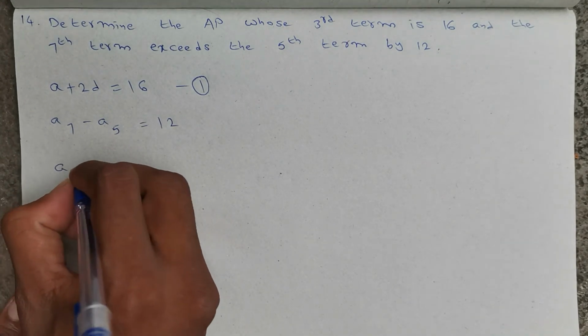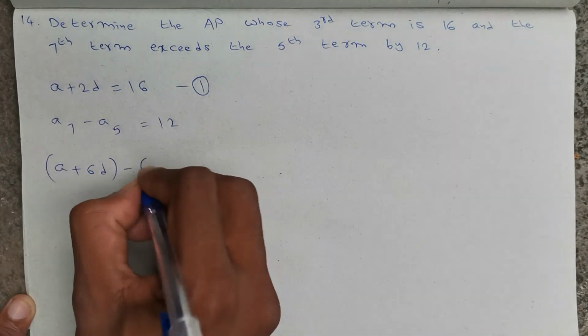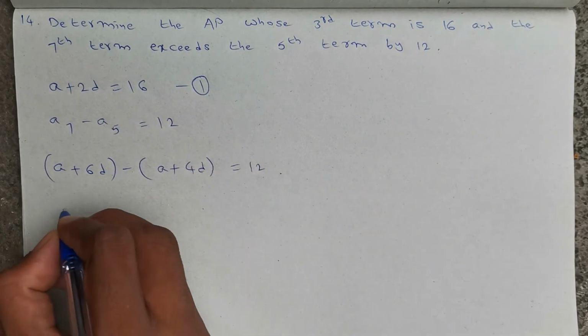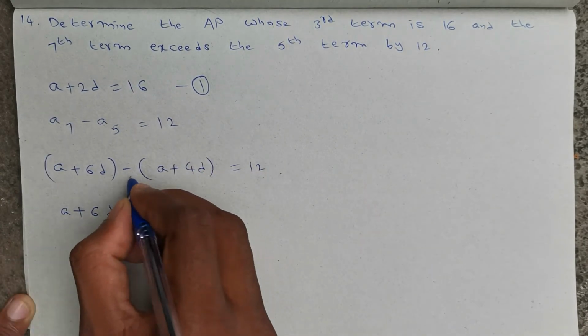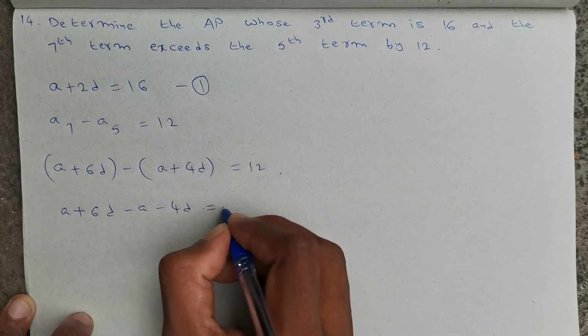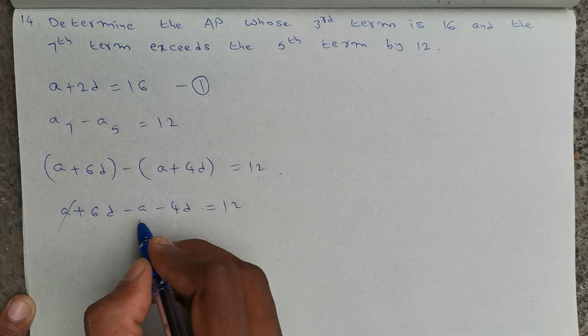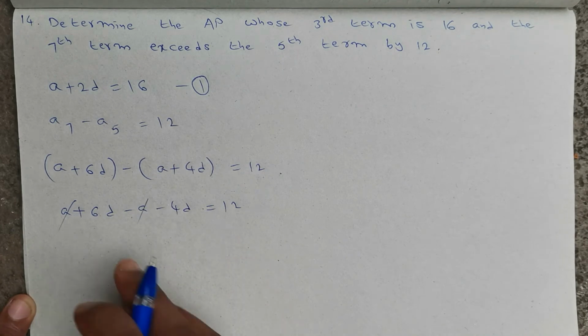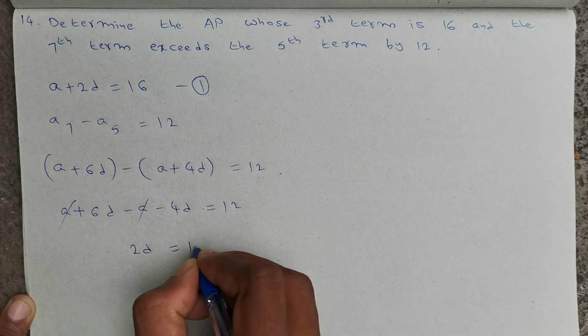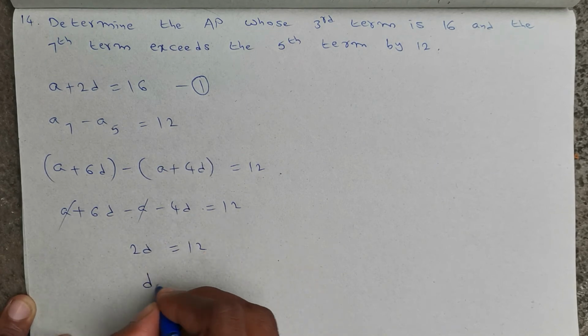Seventh term a7 minus fifth term a5 equals 12. a plus 6d minus of a plus 4d is equal to 12. Here plus a minus a both will cancel. 6d minus 4d, 2d is equal to 12, then d is equal to 6.